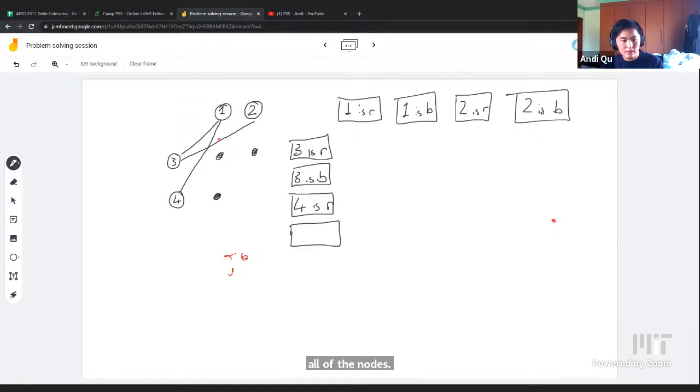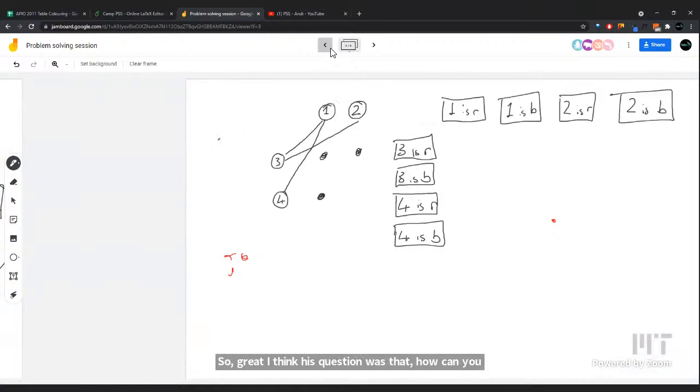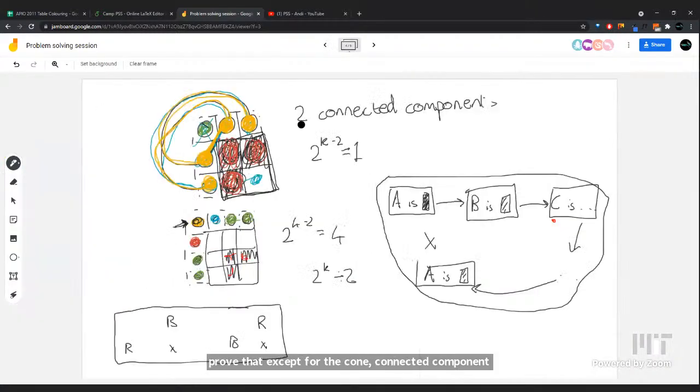Wait, I think his question was how can you prove that except for the connected components, it doesn't depend on anything else? I think that's what his question was. Yeah.